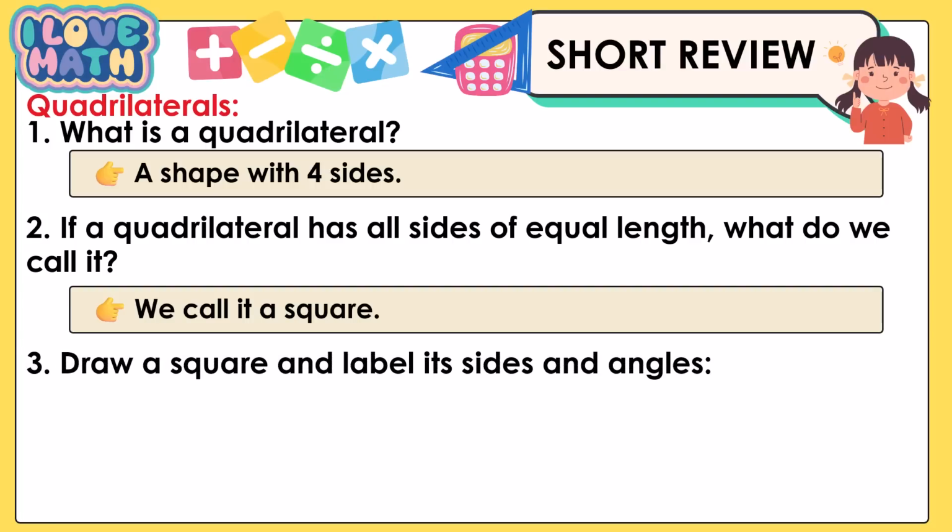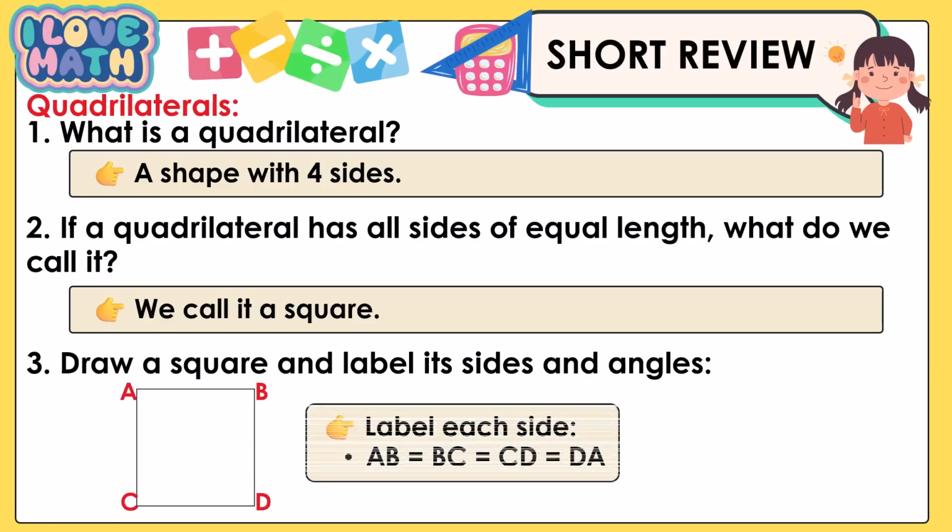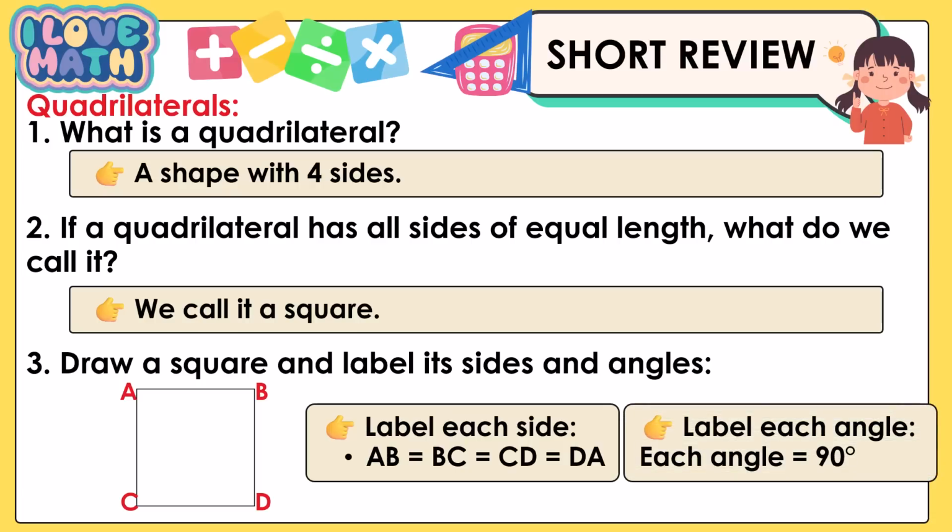Draw a square and label its sides and angles. Here's the square. Label each side. AB is equal to BC is equal to CD is equal to DA. Label each angle. Each angle is 90 degrees.